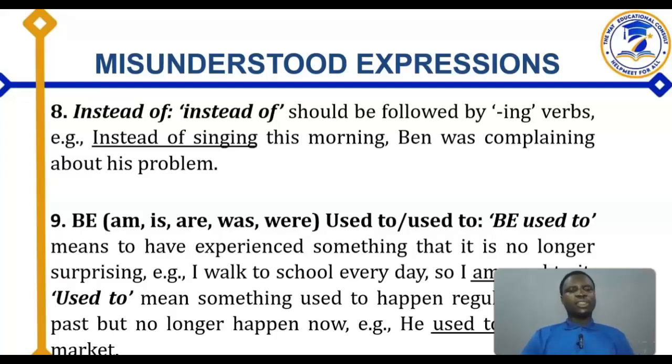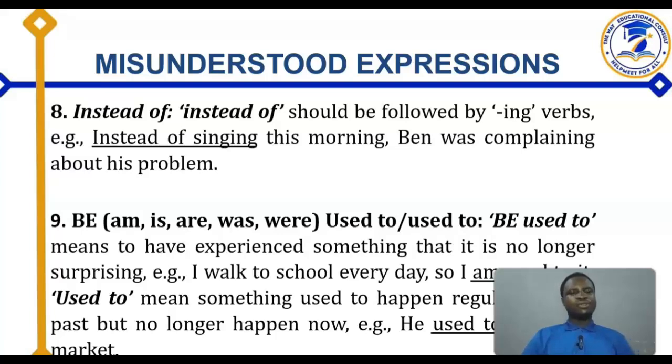Now we have the verb to be or be verbs. They are 8 in number, but the ones applicable to what we want to discuss in number 9 are the first 5. So you have am, is, are, was, were.